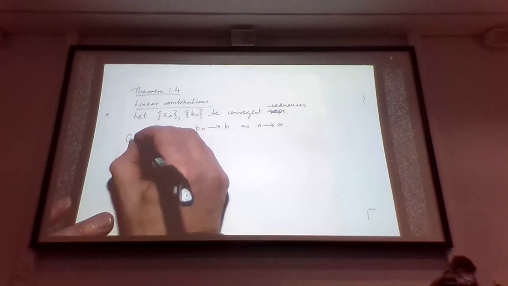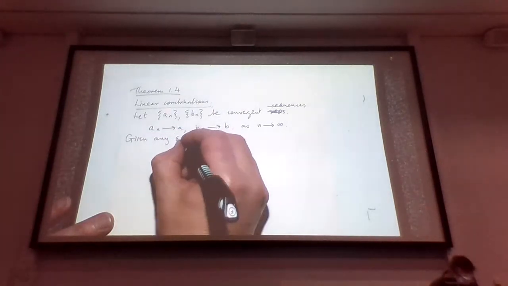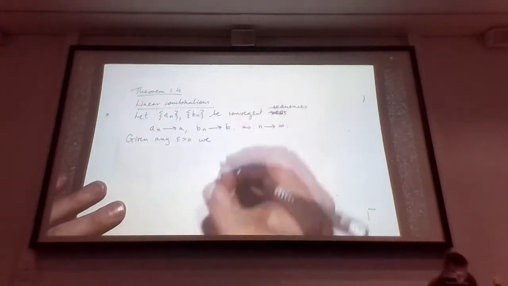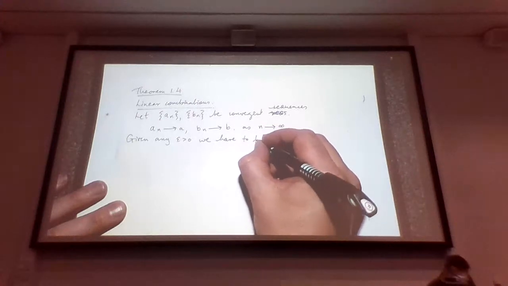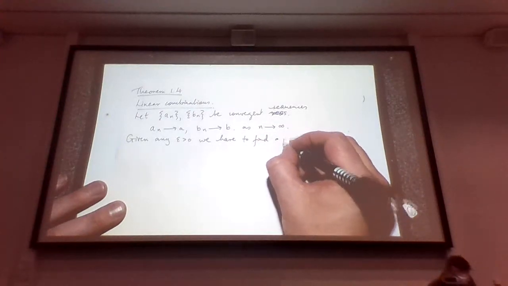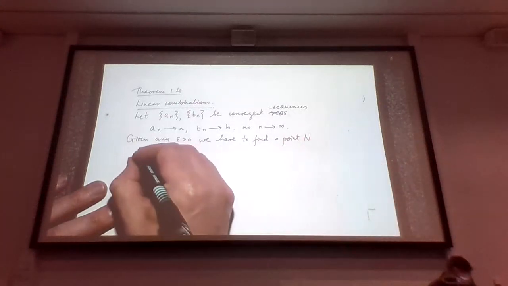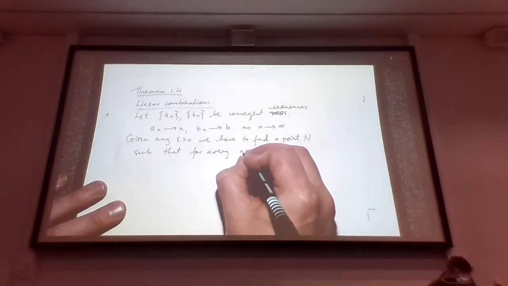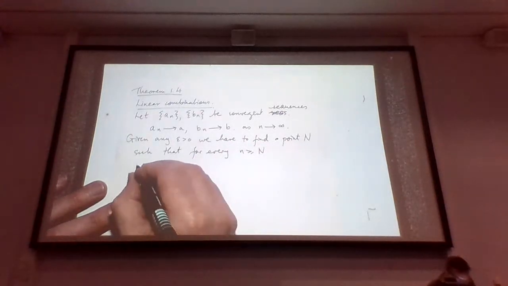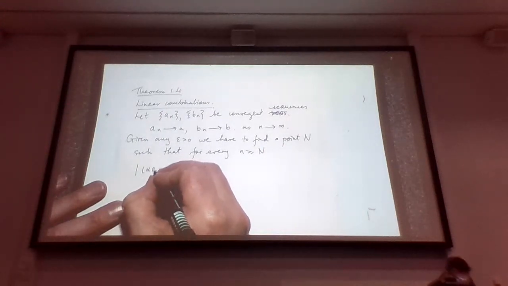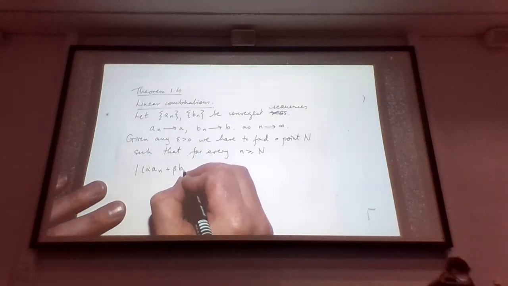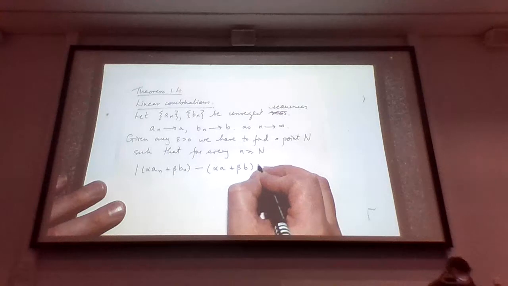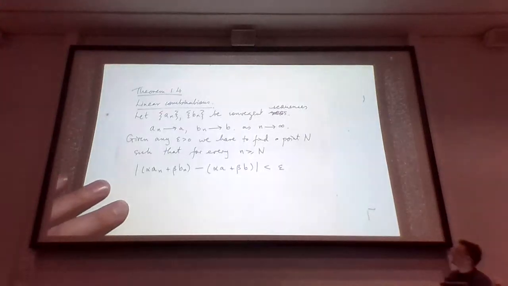Okay. So given any epsilon greater than 0, I'm just introducing the proof now, setting out exactly what we have to do. We have to find a point capital N such that for every value of the index little n bigger than or equal to capital N, the absolute value of alpha a_n plus beta b_n, the difference between that and the claimed limit, has to be less than epsilon.